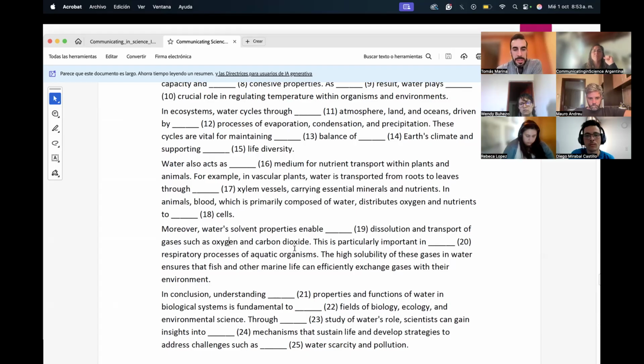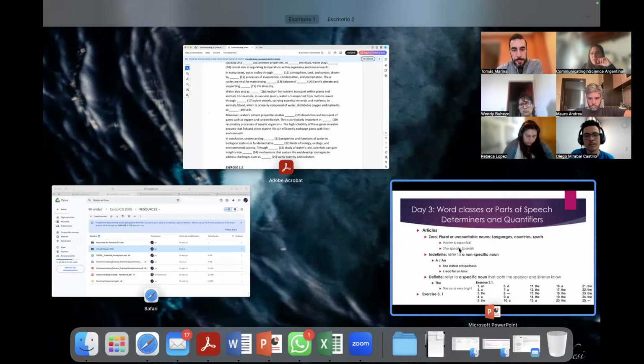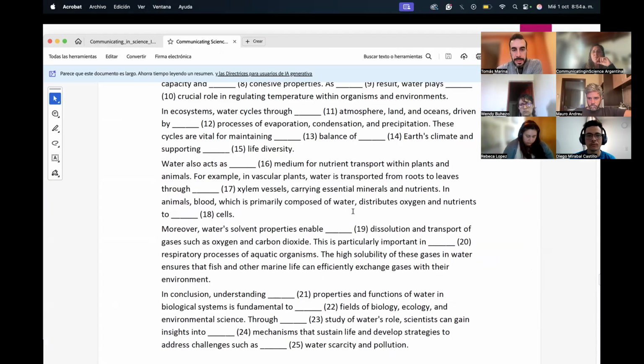We can double check that, but I see a pattern in these two sentences that you are discussing. Although they are quite general, there is a specification on the dissolution and transport of gases, and then there is a particular description on the respiratory processes of aquatic organisms.